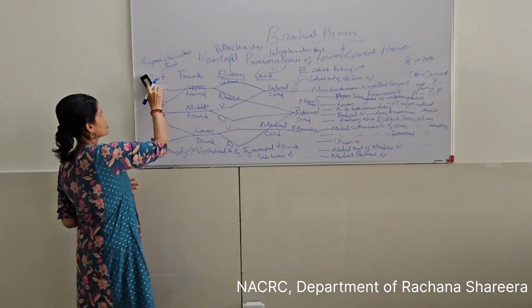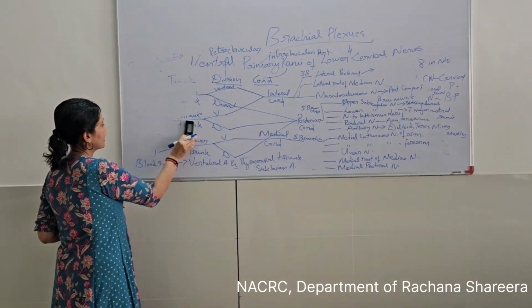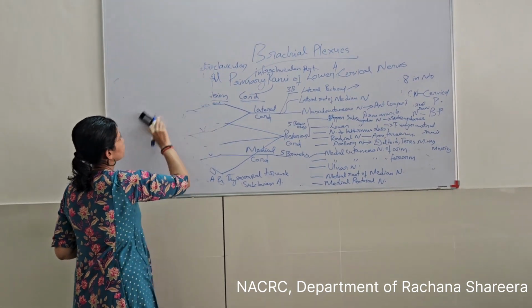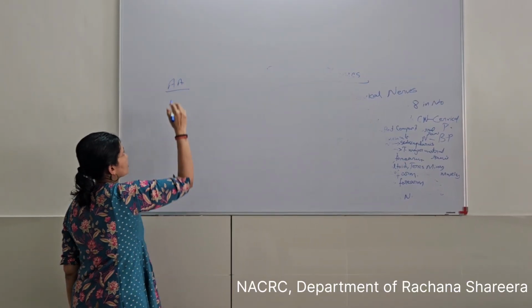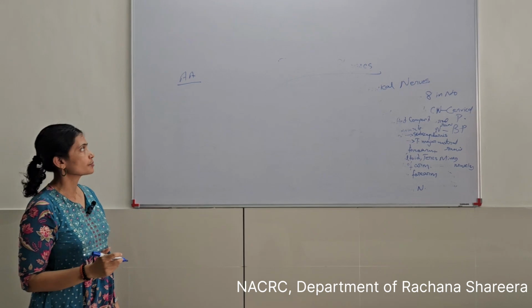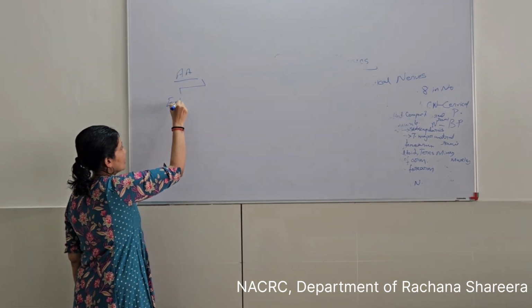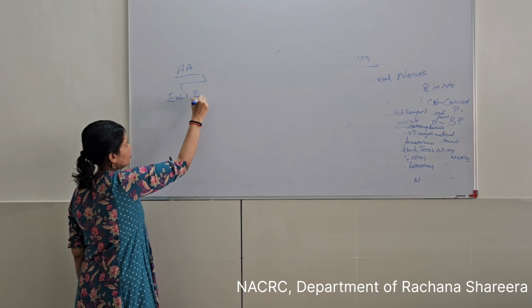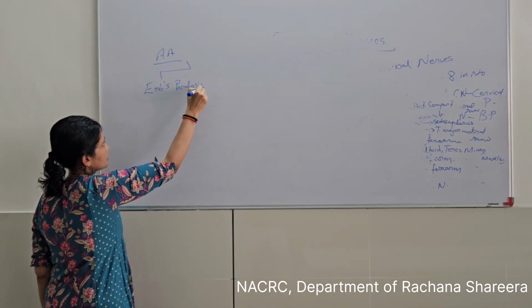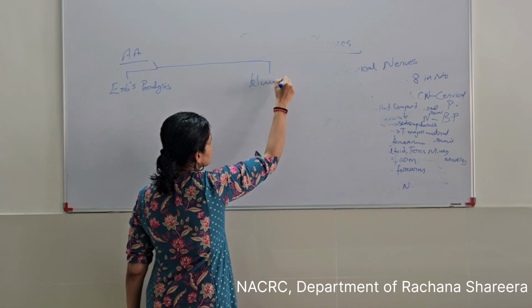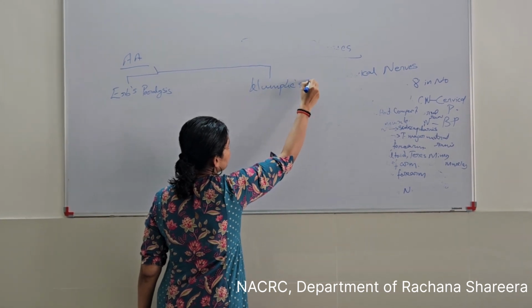And our last topic is applied anatomy of the brachial plexus. Two important applied anatomy points are there. One is Erb's paralysis. Another one is Klumpke's paralysis.